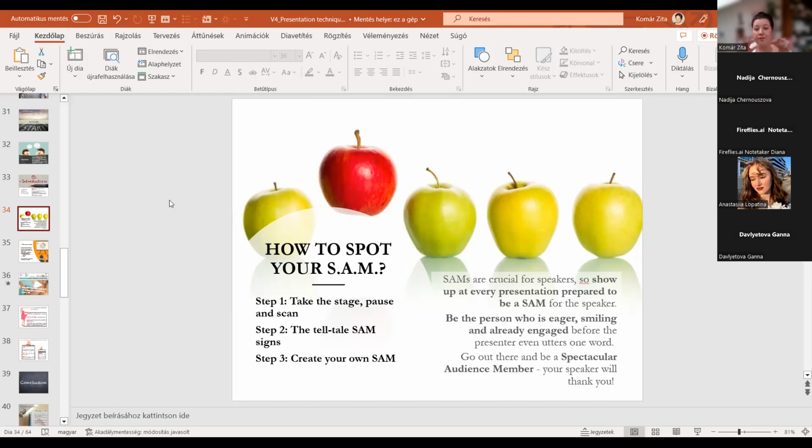When you arrive to the meeting room or to the conference hall, scroll the people in the room, check those who have moved their eye and get 1 second of eye contact with you, or the ones who are interested, who are waiting for the presentation, and just give them a nod, a smile, just create eye contact with them, and this will give them the impression that they've been marked, that they are going to be the ones that you will pay attention to. This is the first thing.